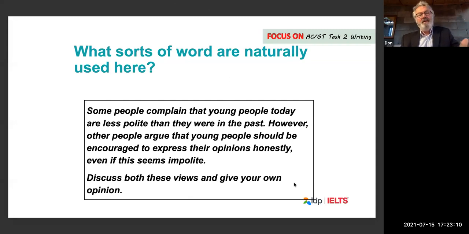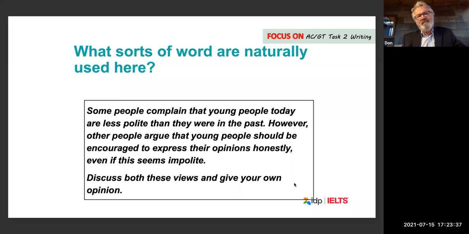And here is another example of a task. Some people complain that young people today are less polite than they were in the past. Think of words that mean polite. Think of words that mean less polite. However, other people argue that young people should be encouraged to express their opinions honestly.